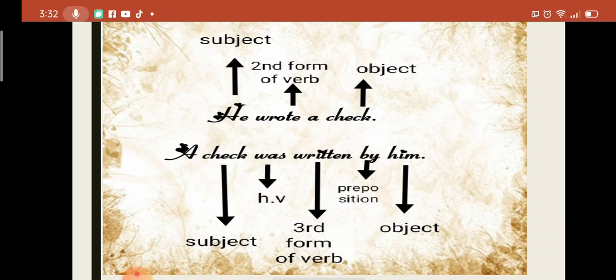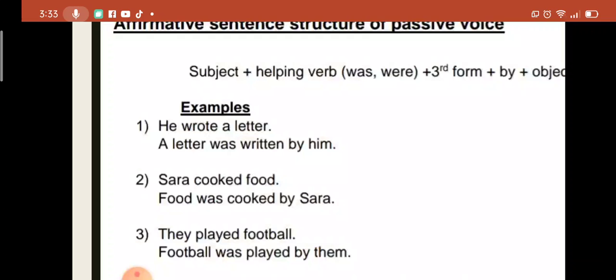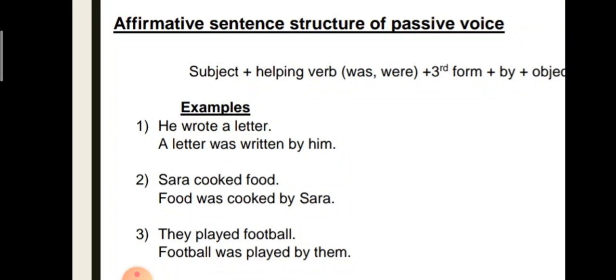I hope that past indefinite passive voice sentence structure is clear. If it is not clear to you, if there is any confusion, you can check again the video. Here are examples of affirmative sentence structure of passive voice. So do you know what are affirmative sentences?